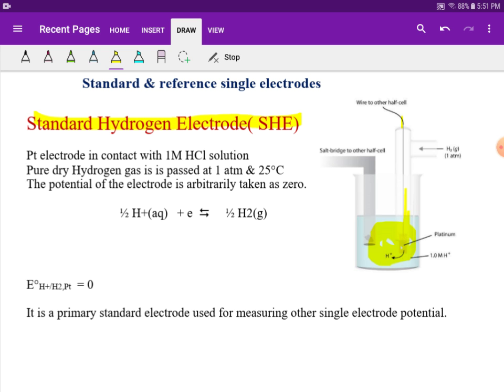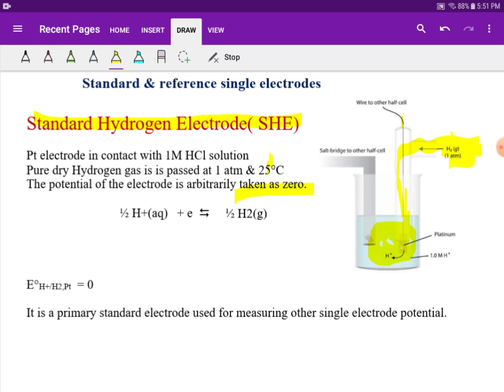Pure dry hydrogen gas is passed through it at a pressure of 1 atmosphere and 25 degrees Celsius. The potential of the electrode is arbitrarily taken as 0. That is very important.